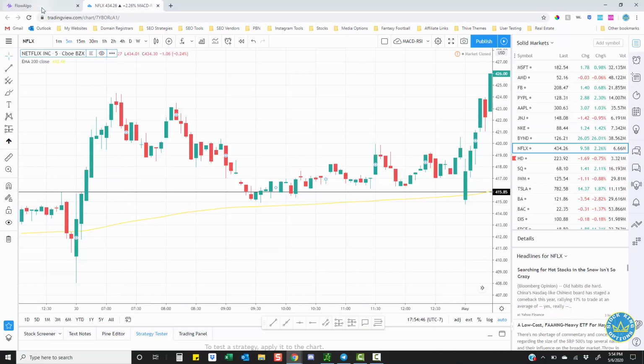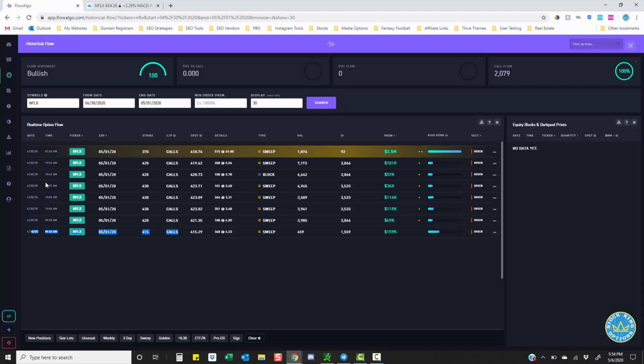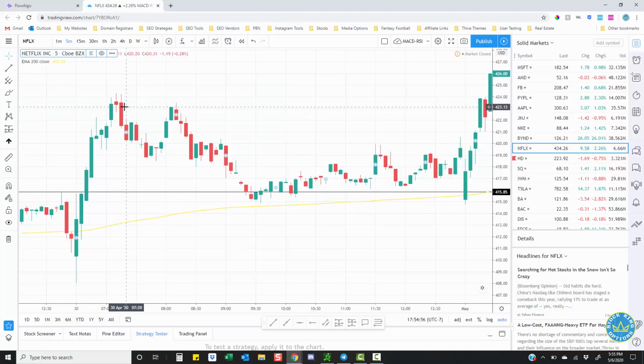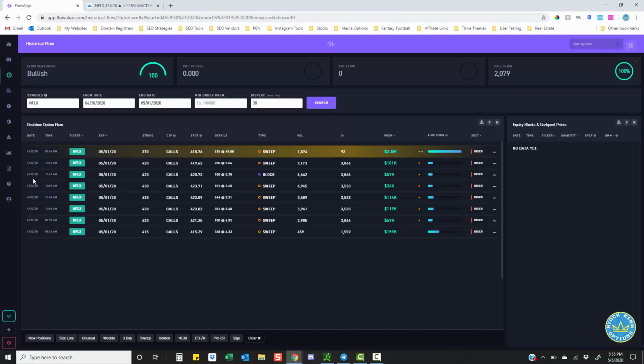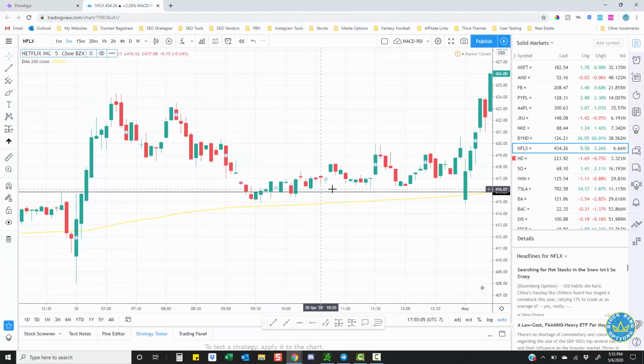Then throughout the day, there were more orders coming in. As you can see here, 9:50, 10:06, 10:06, 10:07. You could tell where the smart money's going. The last one for that day came in at 2:46 p.m., so that is 11:46 Pacific.